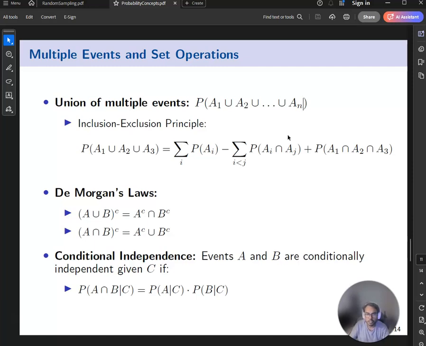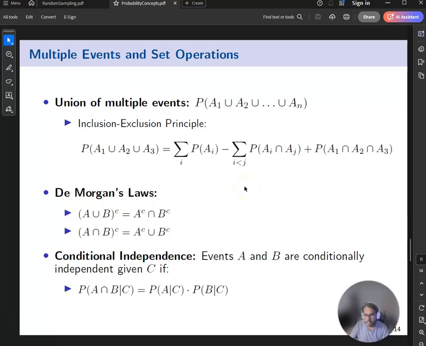So what this means is that the probability that at least one of them happens is, in a simple example, we sum the probability of them occurring individually, we subtract the pairwise overlap, and we add the probability that they occur together.